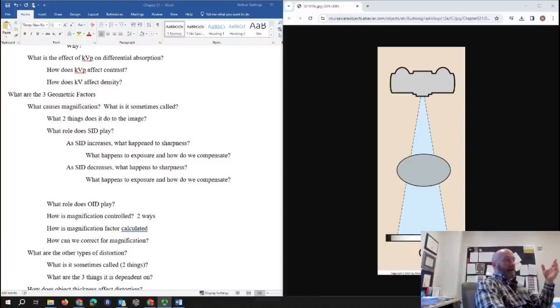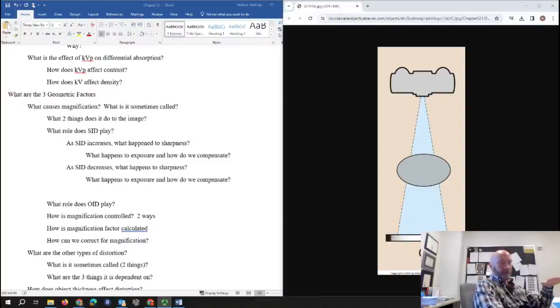OID also plays a role in our magnification. As we increase OID, we increase magnification and we reduce our sharpness of recorded detail. How we control magnification is, preferably, with as low an OID as possible. If we can get our OID as low as possible, we don't have to do anything with our SID.